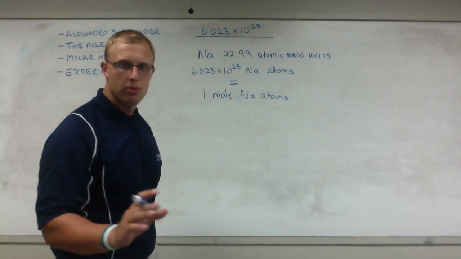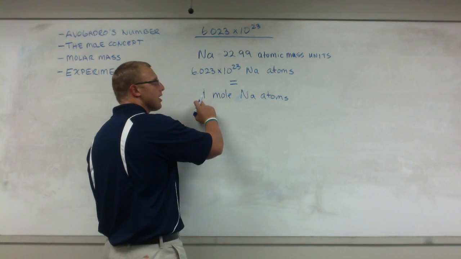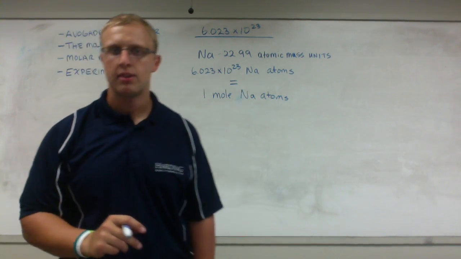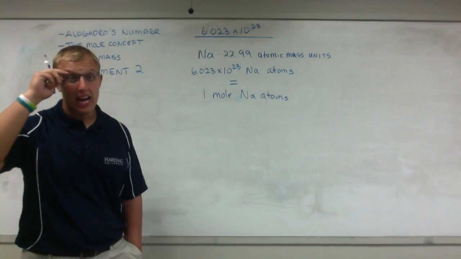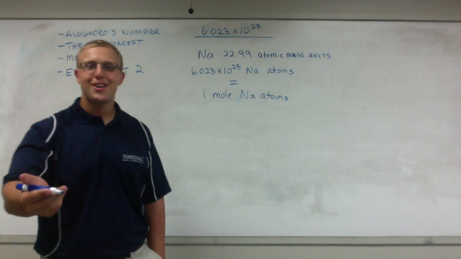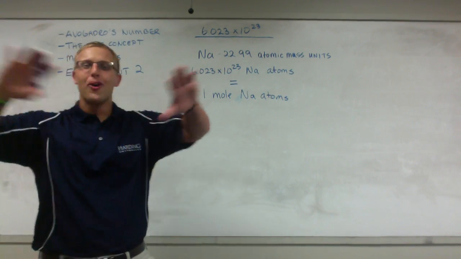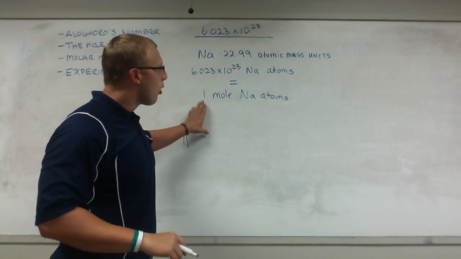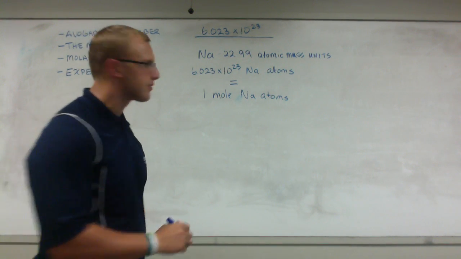We're going to assume that 1 mole of sodium atoms is equal to 22.99 grams. Mind blown, right? Well, if you understand how cool that is and how much of the world that opens up, it blows your mind, right? So 1 mole of sodium atoms is equal to 22.99 grams, right?